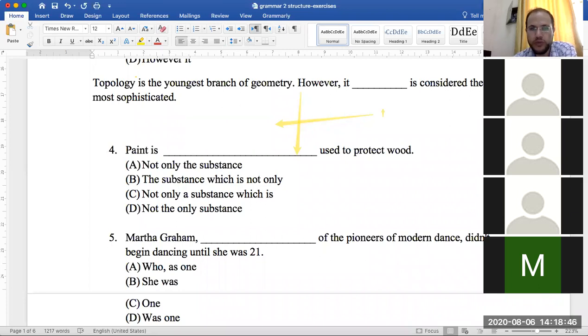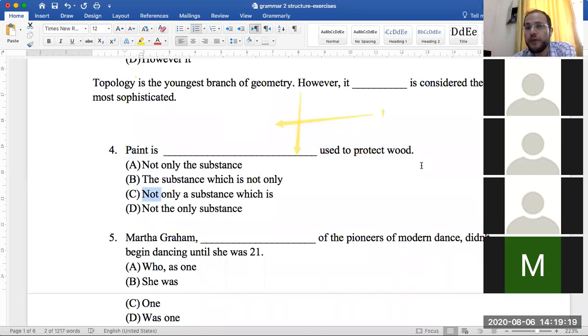Should I do 4 too? Type paint is used to protect wood. Notice the sentence, it's completely correct. We need to add something to the sentence that doesn't change its meaning. We said that not only should be paired with not only, but also, or as well.